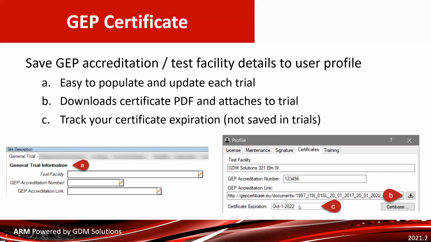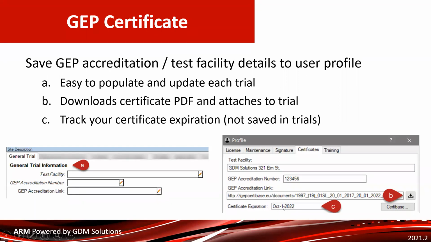Maybe it's for the expiration if it's changing, and I know that is handled. If you've put in your accreditation, let's say this trial right here is going to go from July of 2022 into 2023. So I'd have to have this lapse. When I first put in this information, it will attach the PDF.